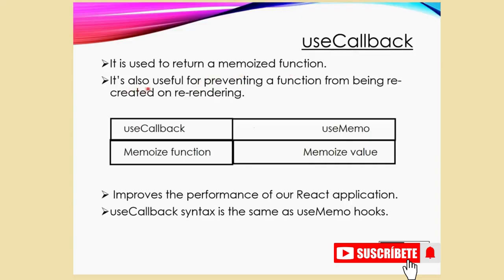It is also useful for preventing a function from being recreated on re-rendering. Here is a memoized function, there a memoized value. That is the difference between both of them. Improving the performance of our React application, the useCallback syntax is exactly the same as the useMemo hook.